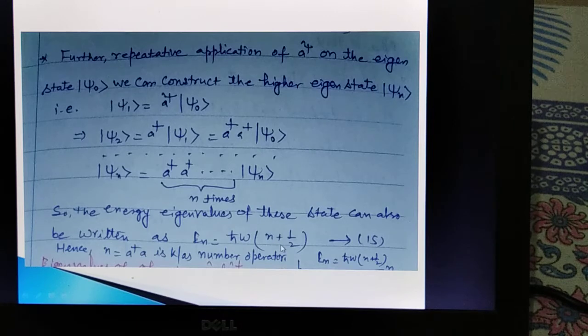Second and third energy eigenstate is also h cross omega. And so we can say that the energy eigenstates are separated by an equal amount h cross omega. Thank you.